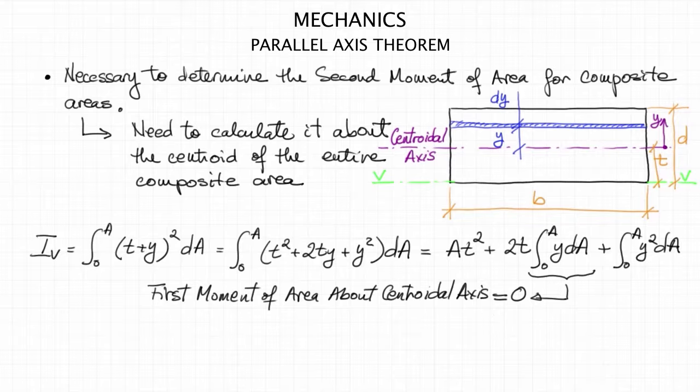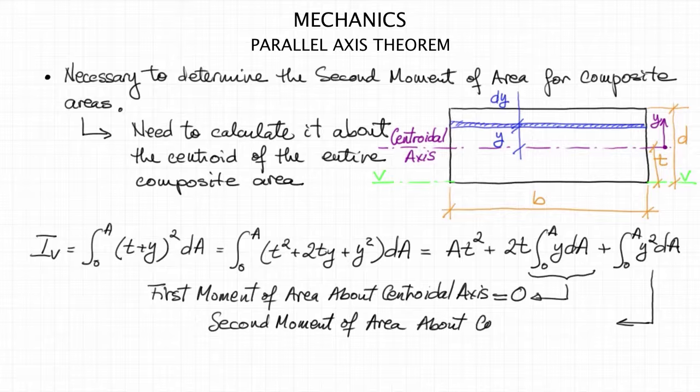Well, guess what? This is the first moment of the area about a centroidal axis, so about that axis it will obviously be equal to 0. Plus a third term, which is the integral from 0 to A of y squared dA, which represents the second moment of the area about the centroidal axis, which is what we've learned about very recently.